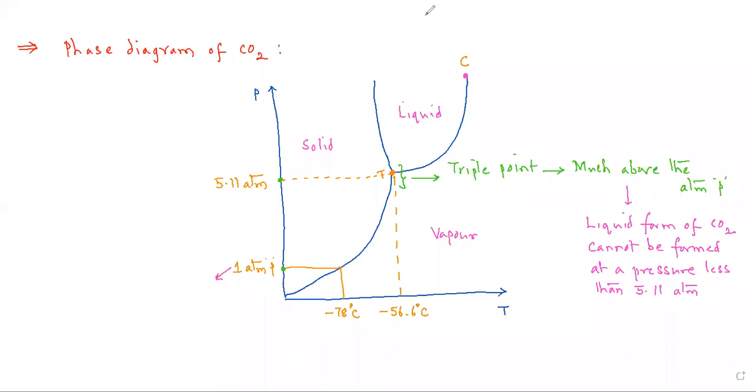I mean, if we consider the atmospheric pressure, CO2 sublimes at 1 atmospheric pressure and minus 78 degrees centigrade. Okay. Now this is in fact a very interesting point.